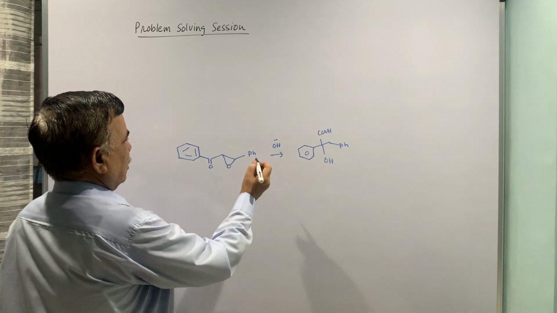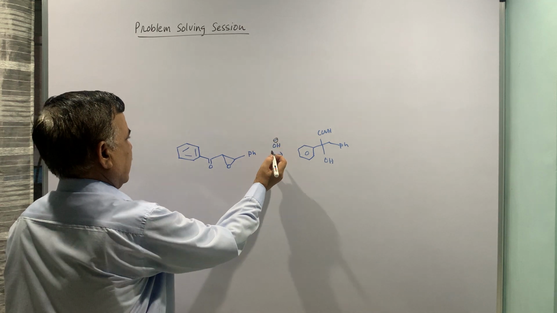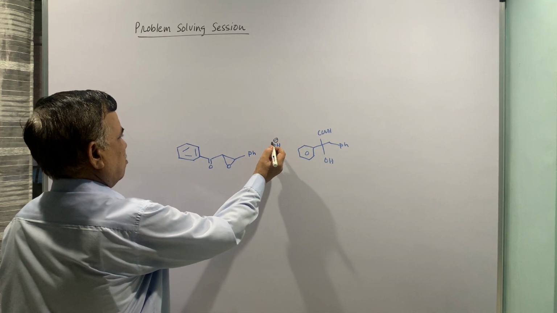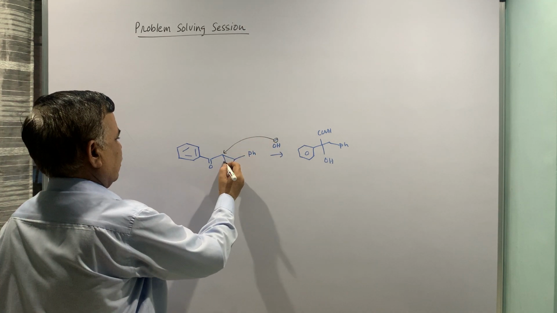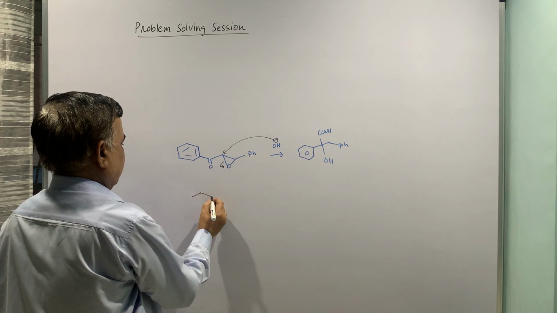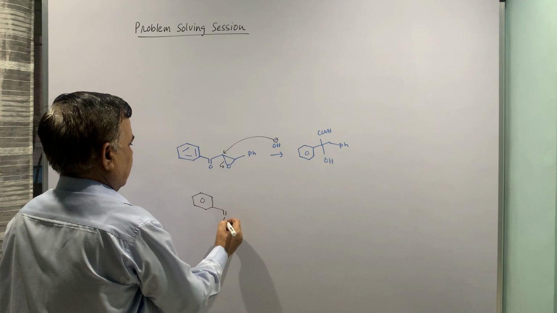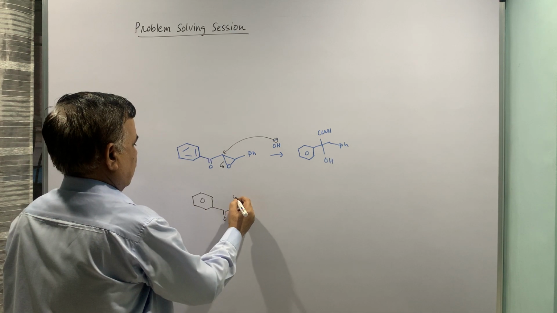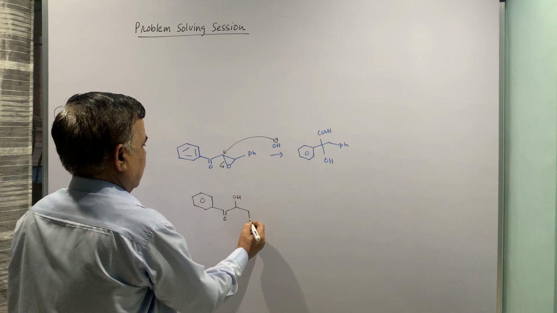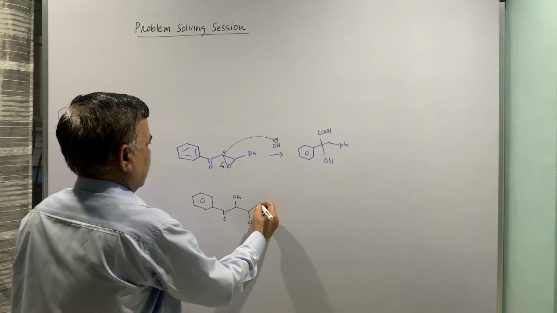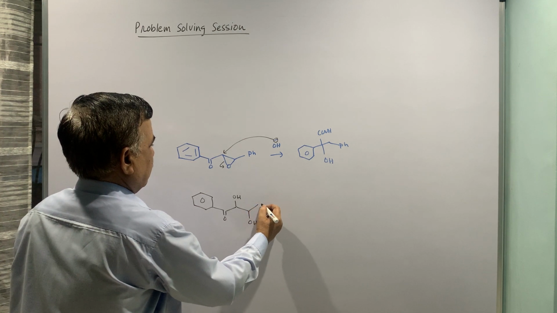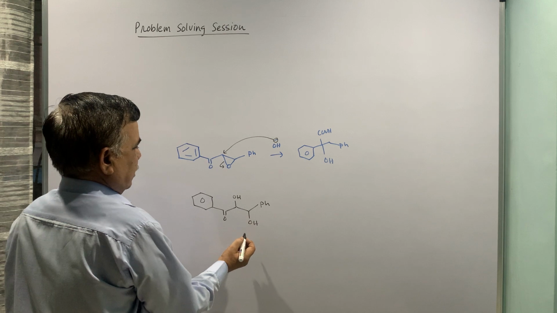So, first of all we have to show the attack on the epoxide. I am showing it here, you can show it on the other carbon also, no harm. And because of this is OH, this also becomes OH, and then this is H, right.